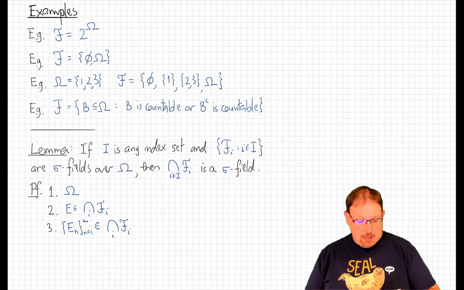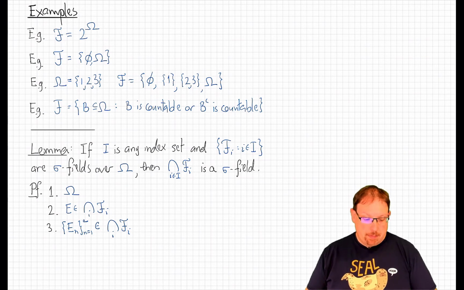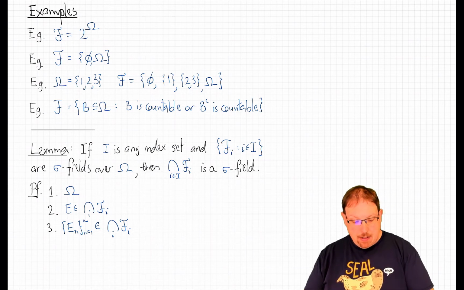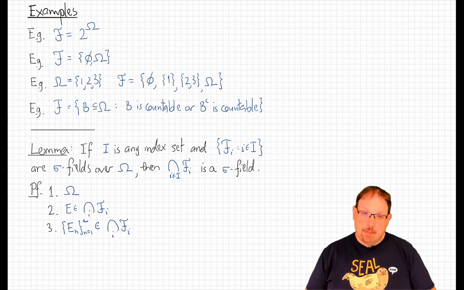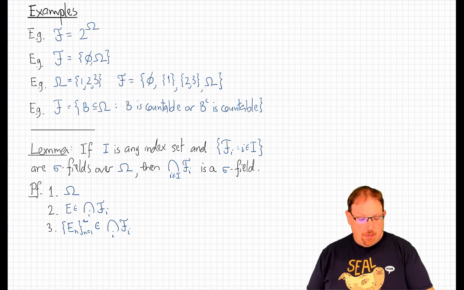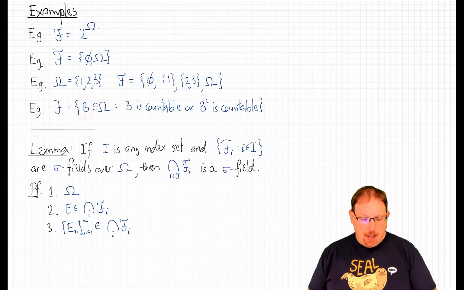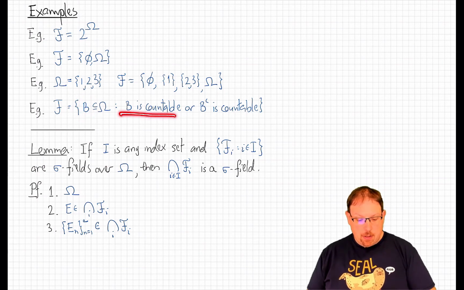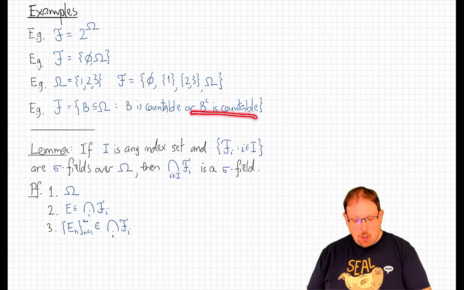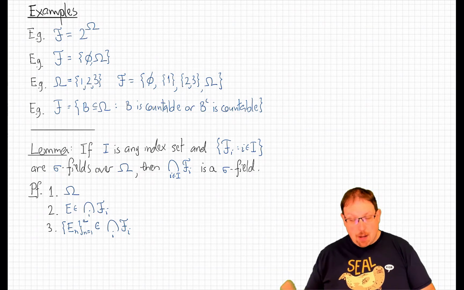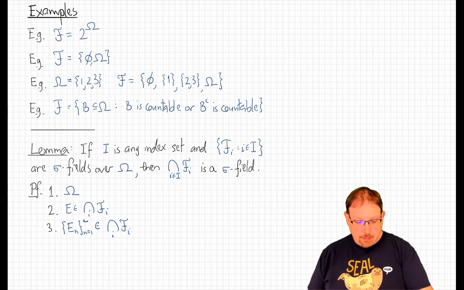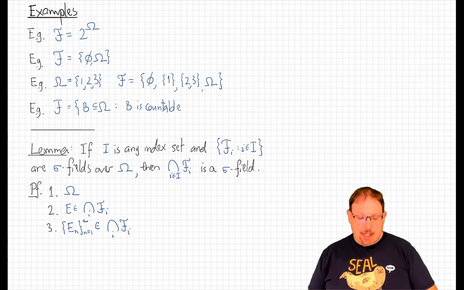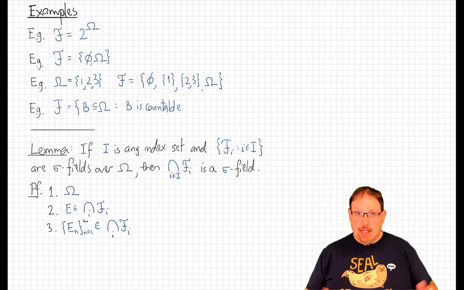How about this? Here's a more interesting example. Take any sample space omega and consider the following collection of subsets: subsets B of omega that are countable or co-countable, meaning their complement is countable. Now, if we had ignored the second condition, we'd be in trouble, unless omega itself is countable.